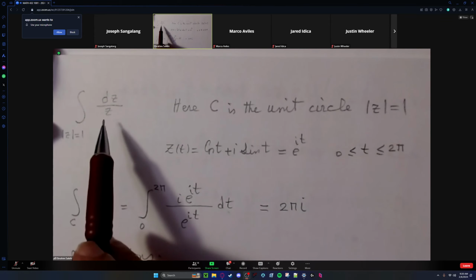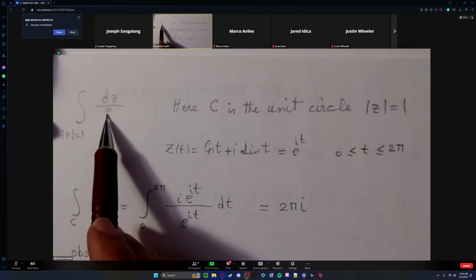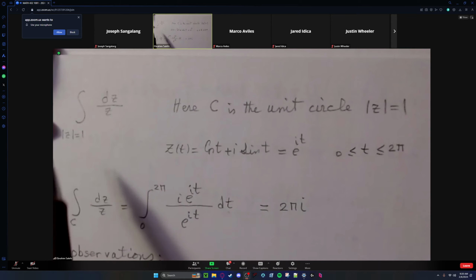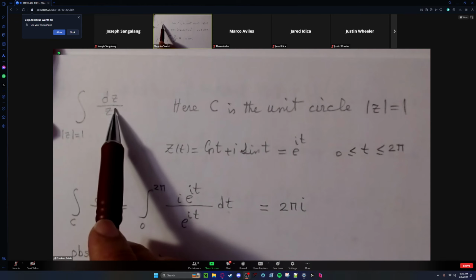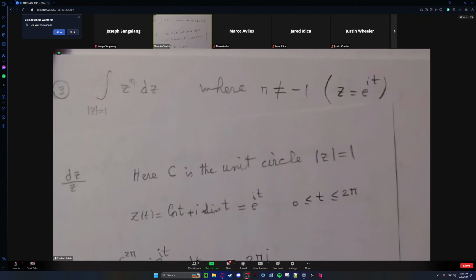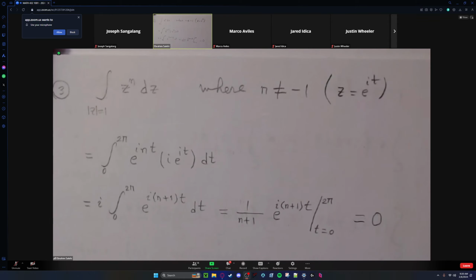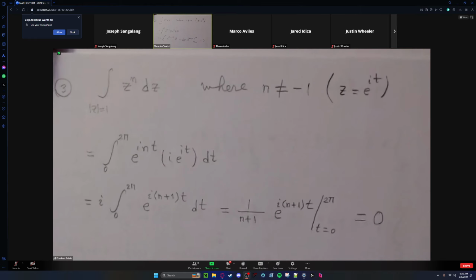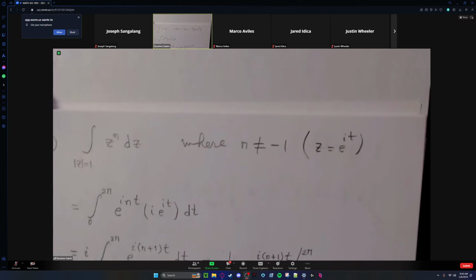How about if, instead of z, there is an exponent here? What happens if we have an exponent there? Well, let's look at that. Let's say z to the n.